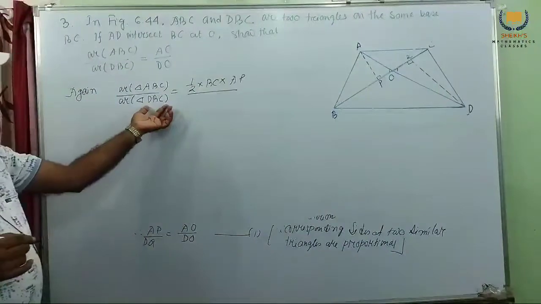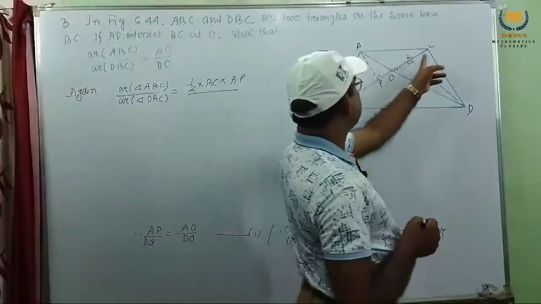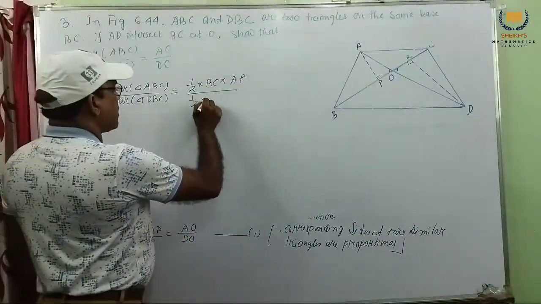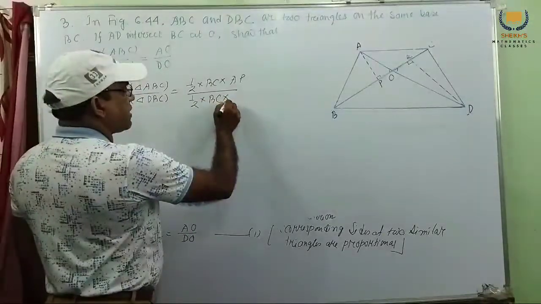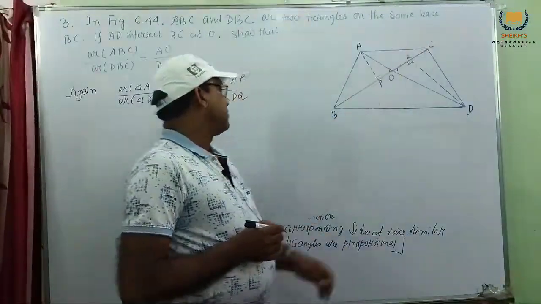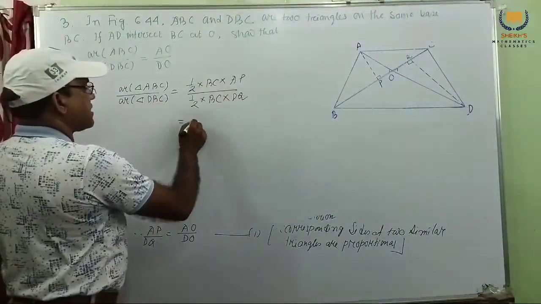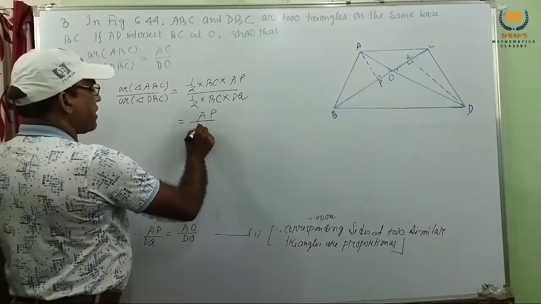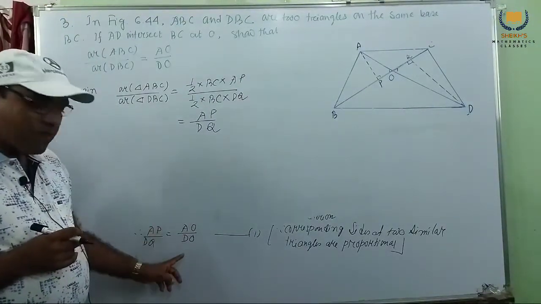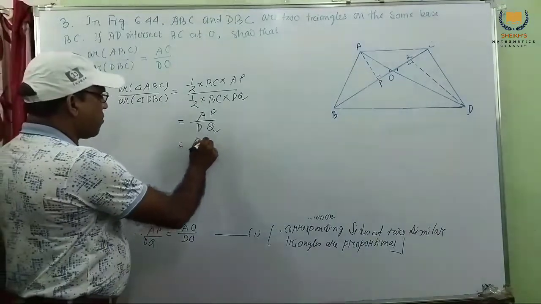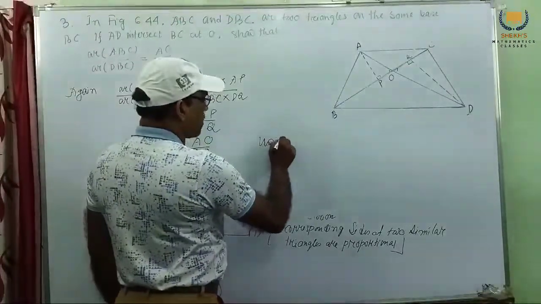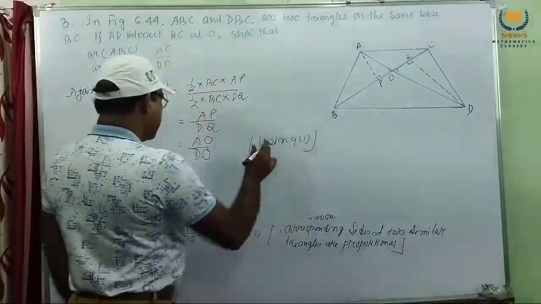And area of triangle DBC is also half into base into height, half into BC into DQ, because the base is common. Now half cancels, BC cancels, we get AP by DQ. Again AP by DQ we already know is AO by DO, using 1. So this is our proof.